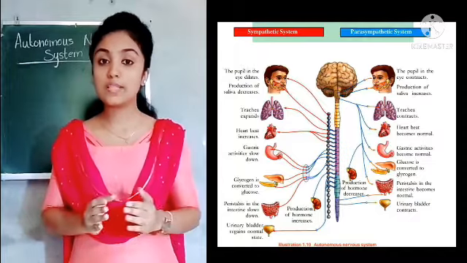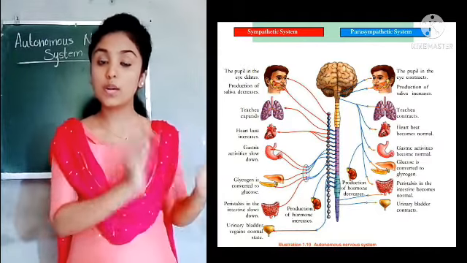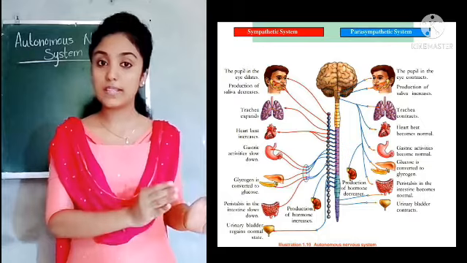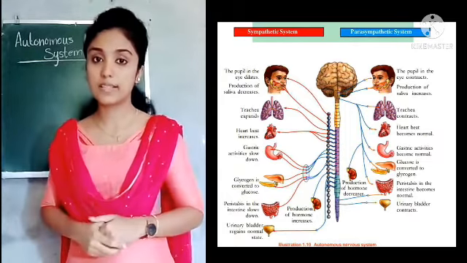The autonomous nervous system consists of two systems, the sympathetic system and the parasympathetic system.